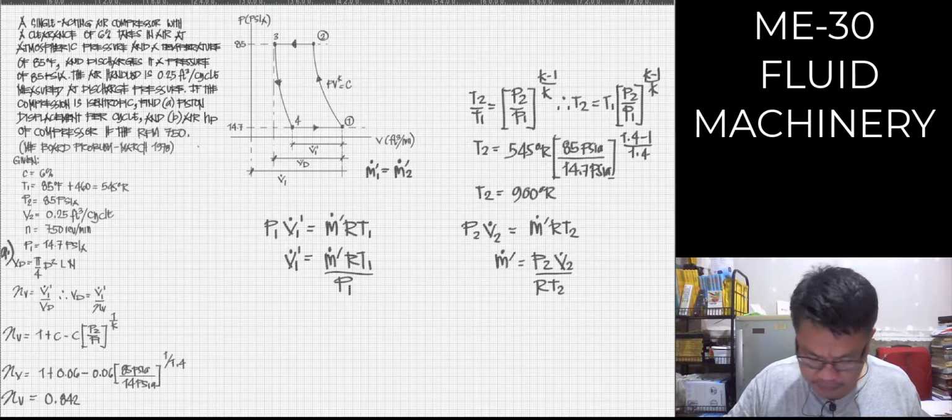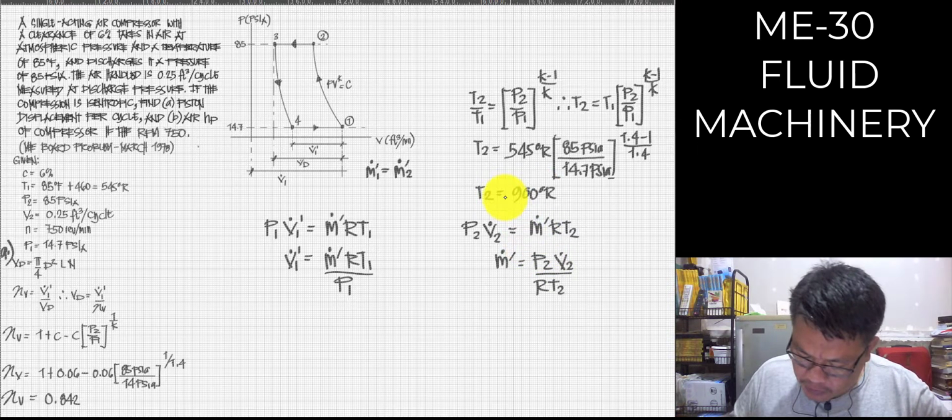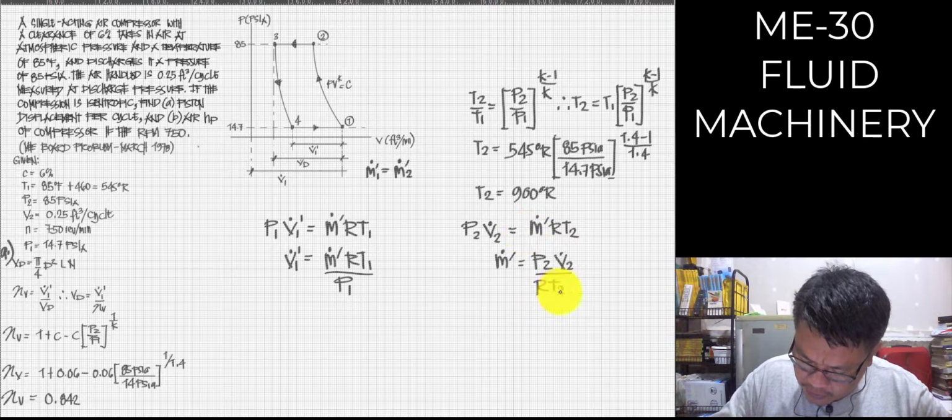Okay, so we now have the value of your T2, so we can directly substitute it into our equation to get your mass flow rate.